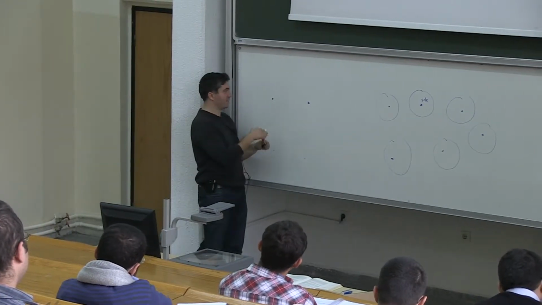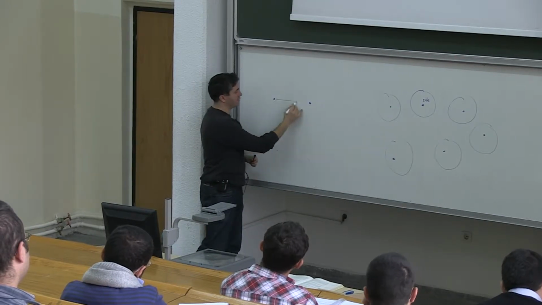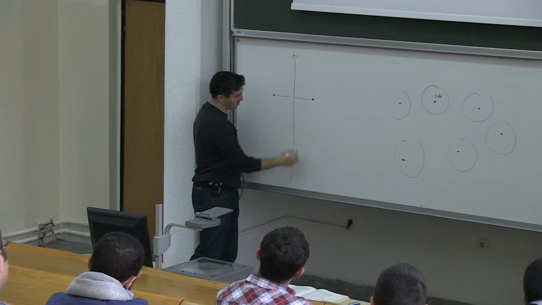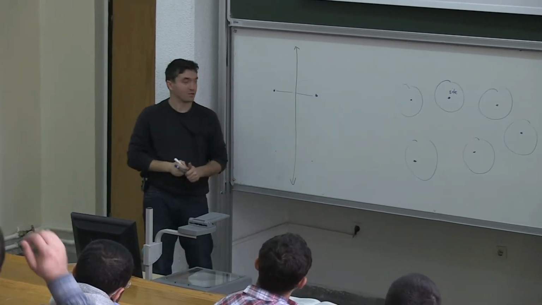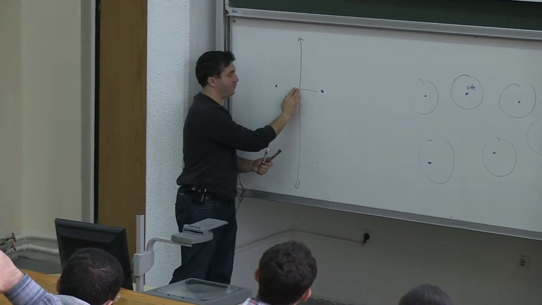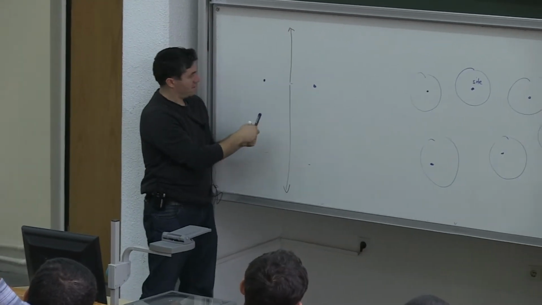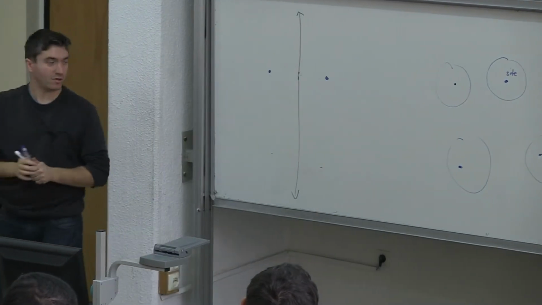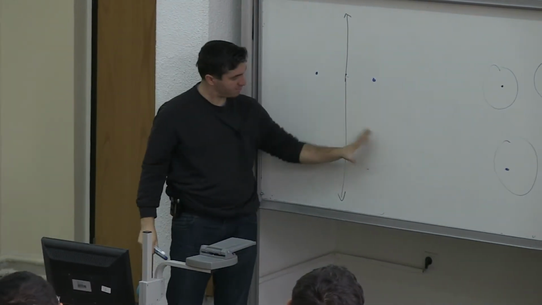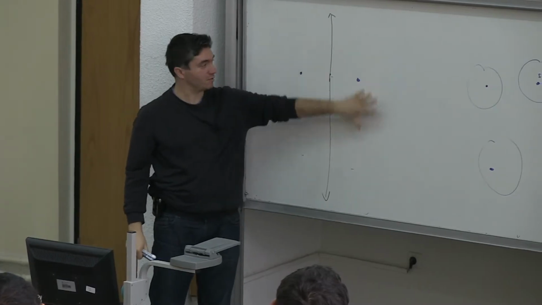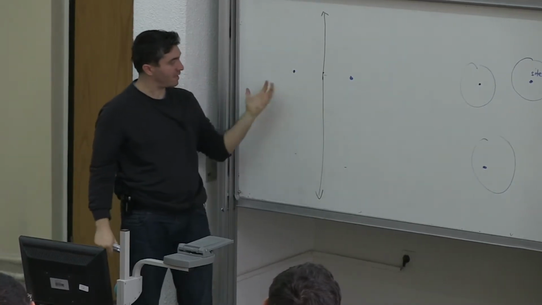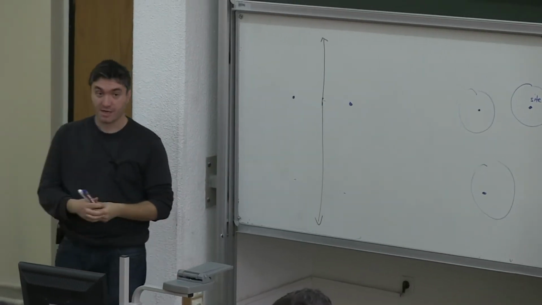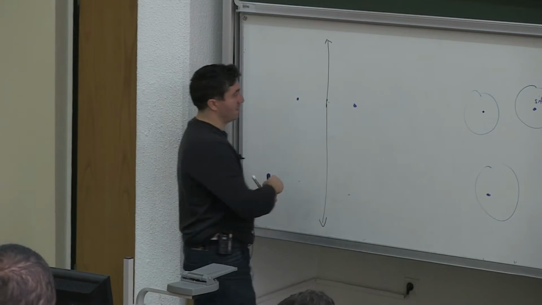Yes, the bisector. This is the bisector of the line segment between these two sites. This full line, which extends to infinity in both directions: any point to the right of this line is going to be the region of this site, and this half plane is going to be the region of this site.